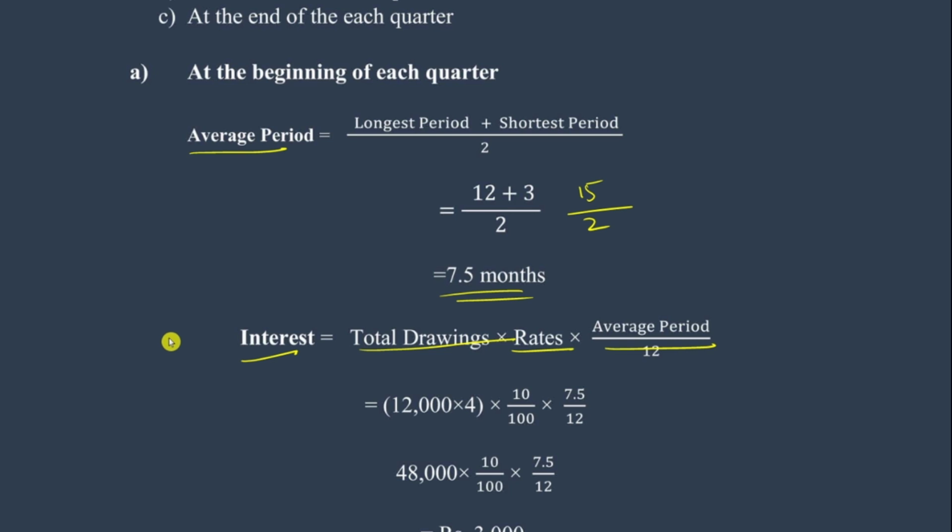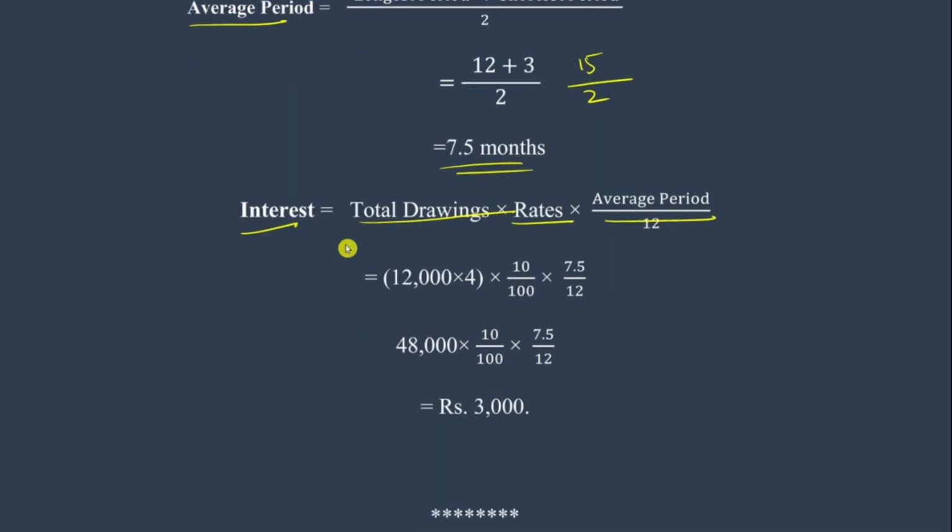And now you have to calculate the actual formula, that is interest is equal to total drawings into rate into average period divided by 12. He drew 12,000 rupees, into 4. The reason behind taking 4 is that in a year we have 12 months but 4 quarters. That's why this problem is all about quarters. So we are not multiplying by 12, we are just multiplying by 4, because we have only 4 quarters every year.